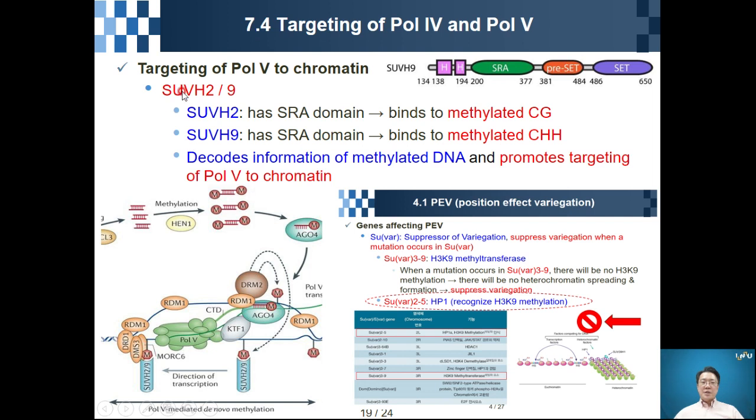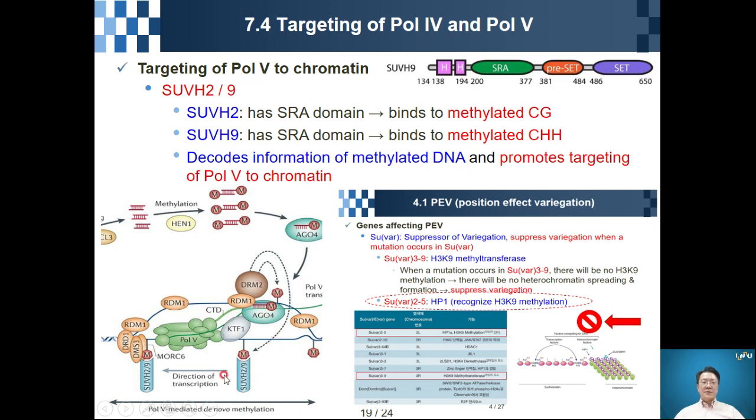So these proteins decode the information of methylated DNA, and they promote the targeting of polymerase 5 to the chromatin region. Since SUVH2 and SUVH9 have SRA domains, they bind to the methylated region and decode the information of the methylated DNA.